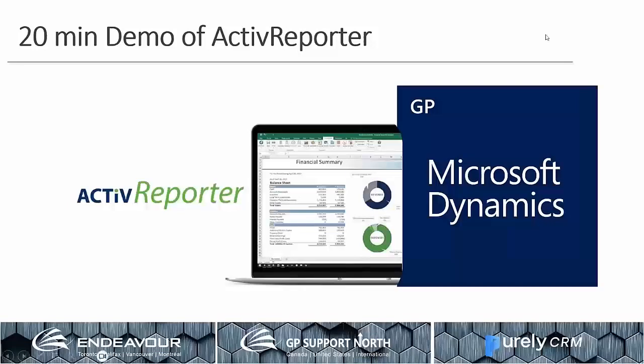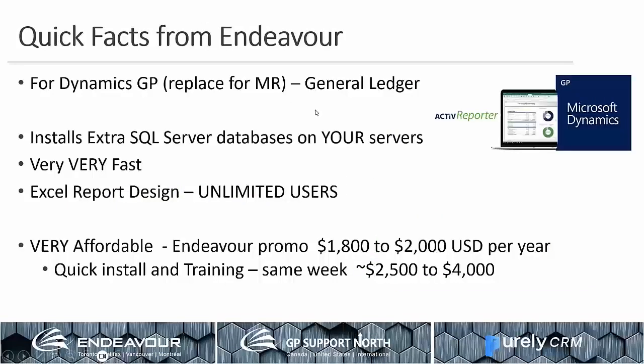Yeah, it looks amazing, and just for those on the line, actually, I think we'll keep this in the recording. We are a fan of ActivReporter, and it does make your life a little bit easier than Management Reporter. And how it works is extremely fast. Really what it does is when the team implements ActivReporter, it just clones or creates a little extra separate database beside your GP SQL server.